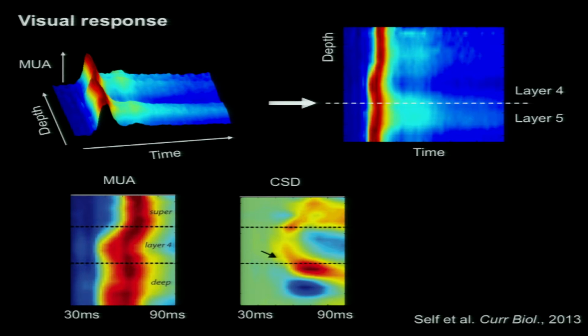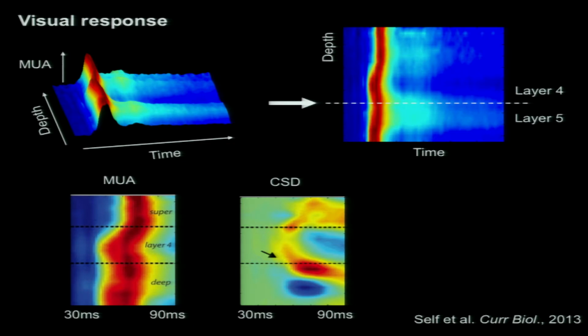Now, the nice thing about these laminar probes is that you can also look at what is known as the current source density. In principle, it works as follows. If there's excitatory input into a cell, the current flows into the cell, and this gives rise in the current source density to what is known as a sink, which is shown here in yellow and red. Then the current is in the cell and has to go out somewhere else, and this gives rise to a source.